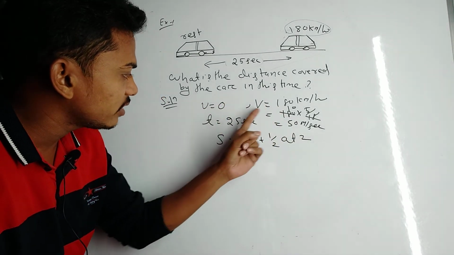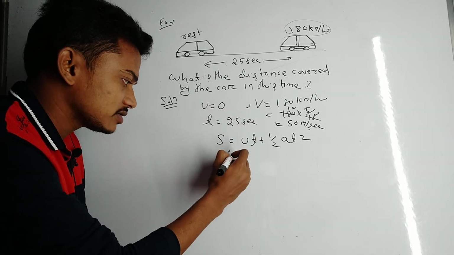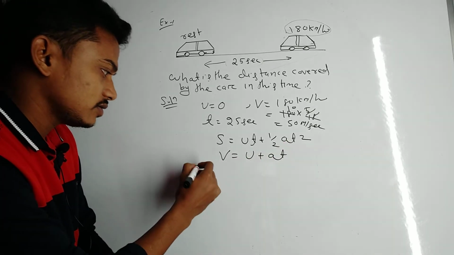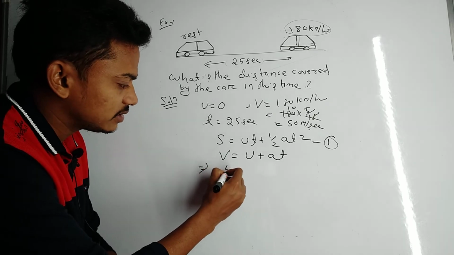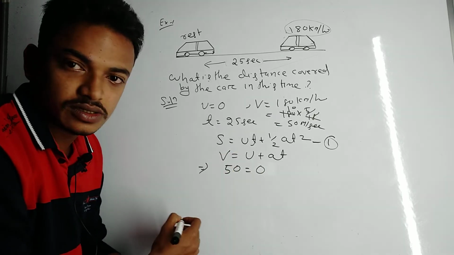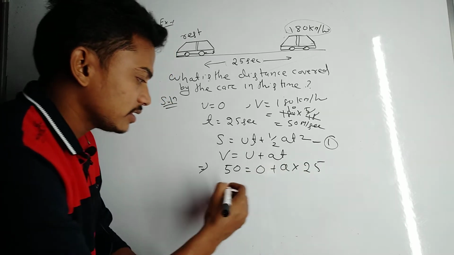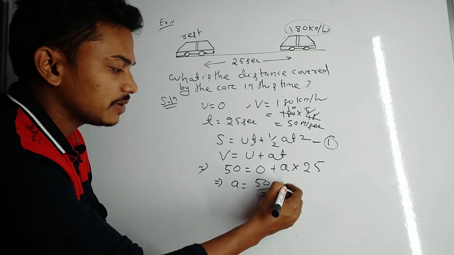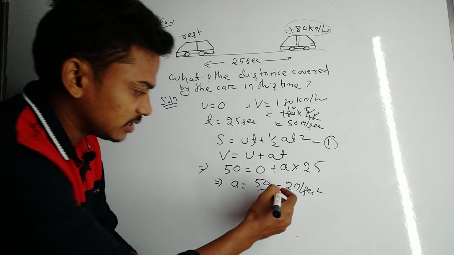u, v and t are given, so use another formula, v equals u plus at. Here v is the final velocity, 50, initial velocity is 0, plus a into time 25, which implies a is 50 by 25, that is 2 meter per second squared, the acceleration.